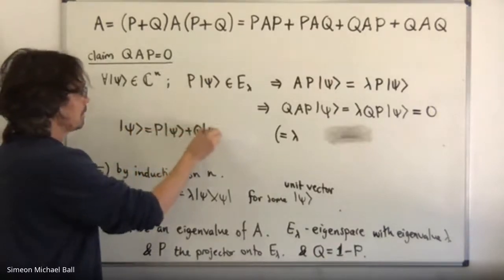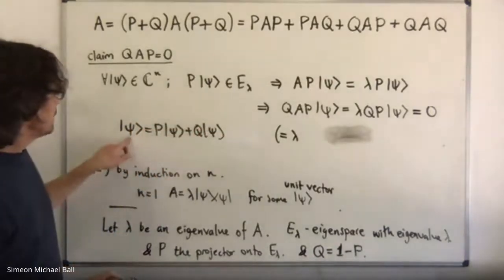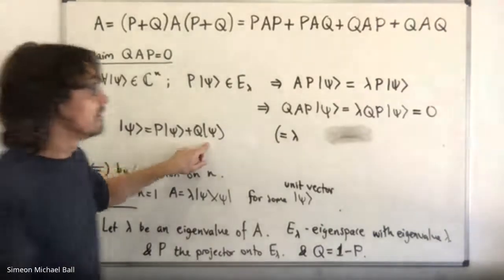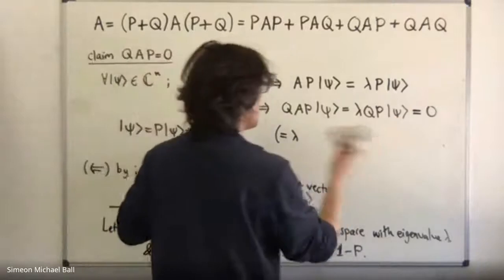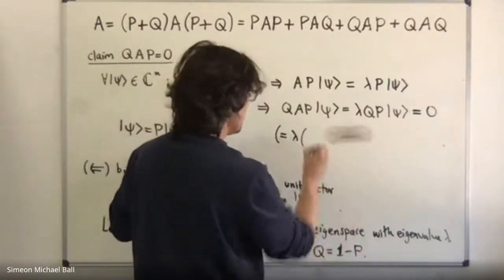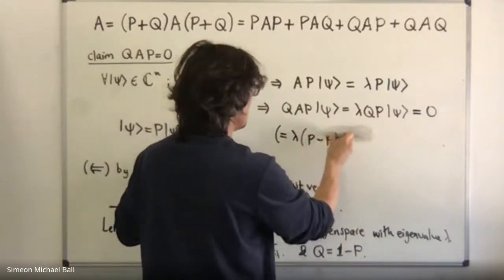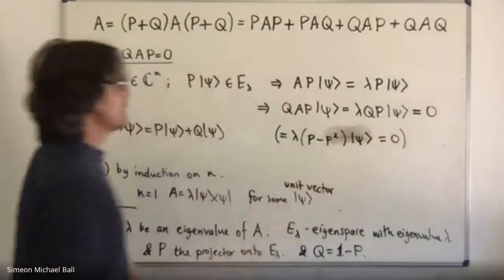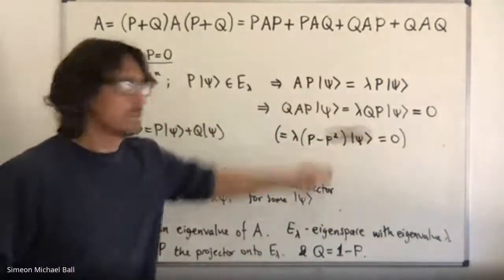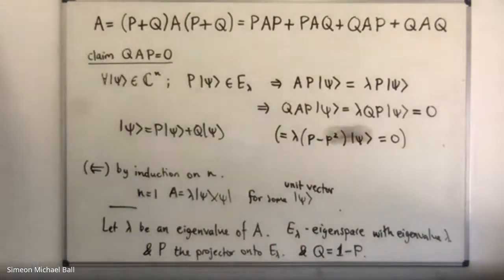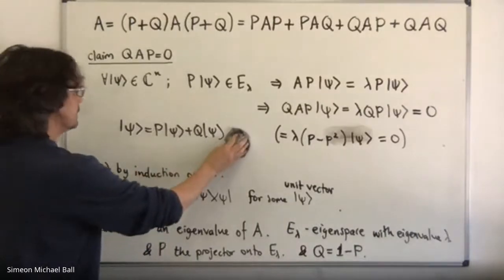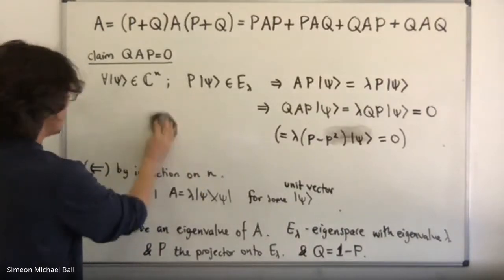But if psi is already in the subspace, then this isn't there. But anyway, you could write this as P minus P squared psi, which is equal to 0. It's basically the same thing. This is P squared is equal to P. So that one was okay.